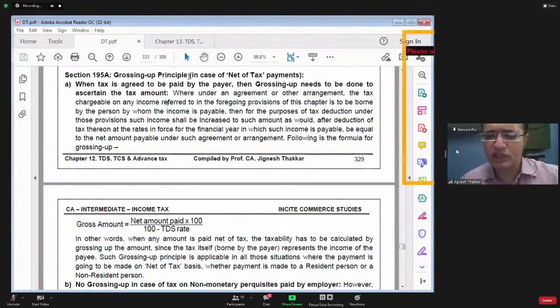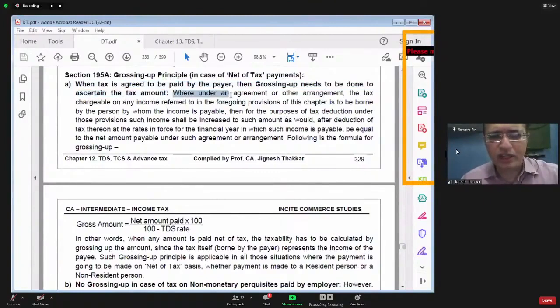Or the second possibility is that the amount is paid after deducting TDS, so what the payee is receiving is a net amount. So you should do the reverse calculation, find out the gross amount, and that gross amount should be added to the income. So when tax is agreed to be paid by the payer, grossing up needs to be done to ascertain the tax amount.